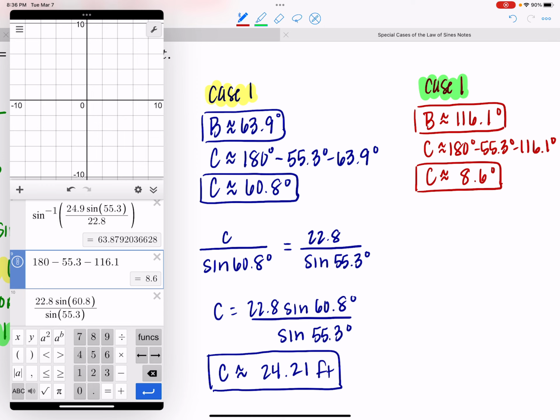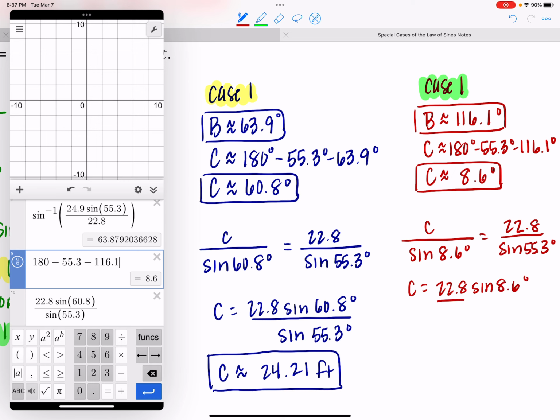Now again, just that last side, C. And I would probably skip some of the work in here too. Myself doing this, if you see the pattern and what's happening, then by all means do that. Otherwise, again, side C over the sine of angle C, which this time is 8.6 degrees, equal to A over the sine of A. And so C is going to be equal to exactly 22.8 times the sine of 8.6 divided by the sine of 55.3.